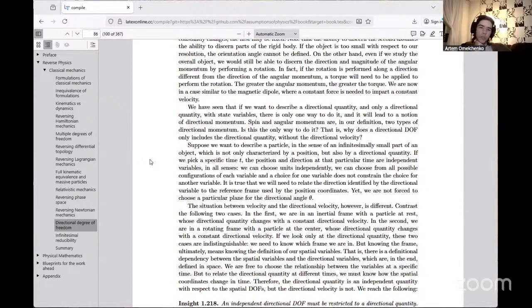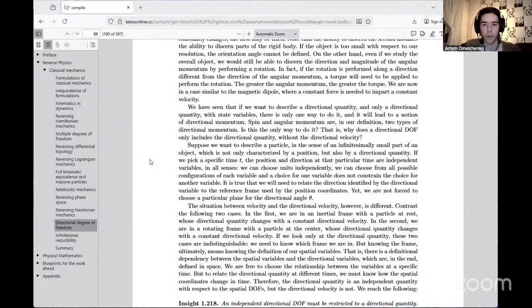Suppose we want to describe a particle in the sense of an infinitesimally small part of an object, which is not only characterized by a position, but also by a directional quantity. If we pick a specific time t, the position and direction at that particular time are independent variables in all senses. We can choose units independently.